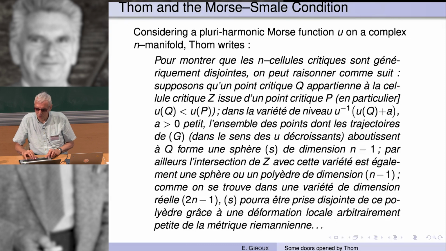We can argue as follows. Suppose that a critical point Q belongs to the cell Z descending from a critical point P. So, of course, in particular, u(Q) is strictly less than u(P).